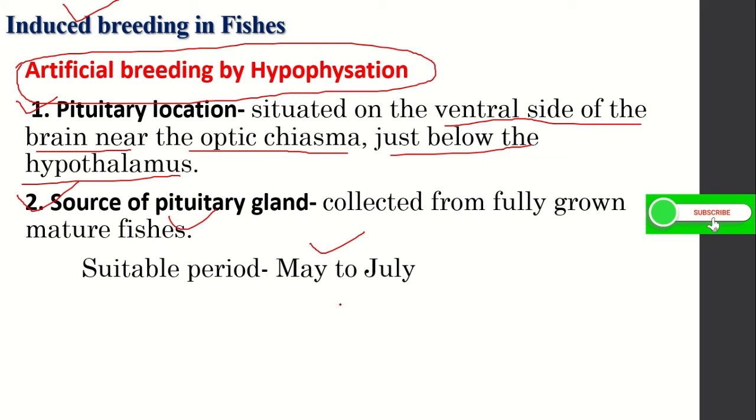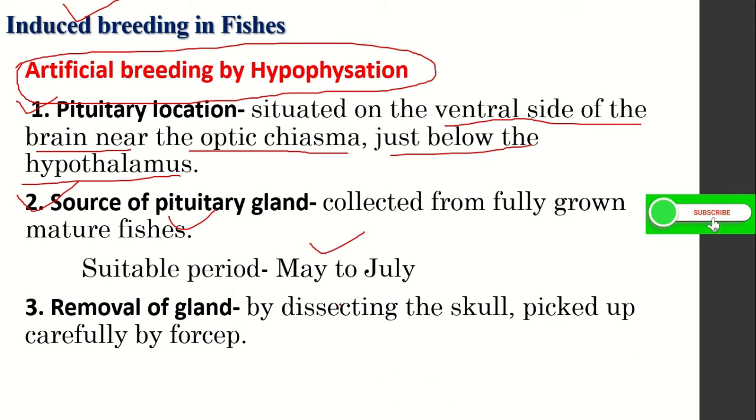The next step in induced breeding is the removal of the gland. Anyone can remove the pituitary gland by dissecting the skull of the head. By removing the skull, we can dissect out the pituitary gland, and when the gland is exposed, it is carefully picked up by forceps.